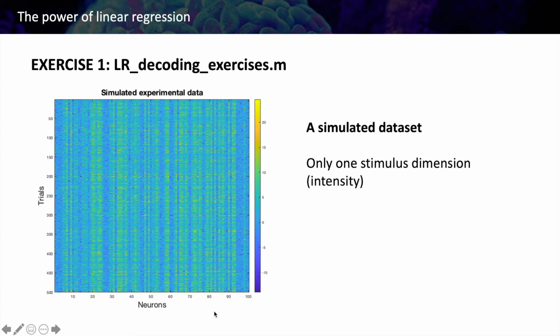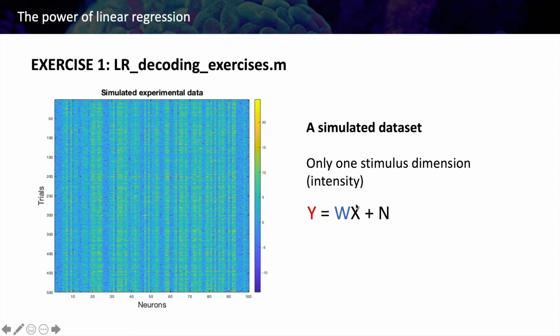There will be some artificially generated neurons, 100 neurons, and 500 artificially generated trials. Everything is simulated, and the logic behind it is that the response of each neuron is predetermined by a simple linear regression equation.